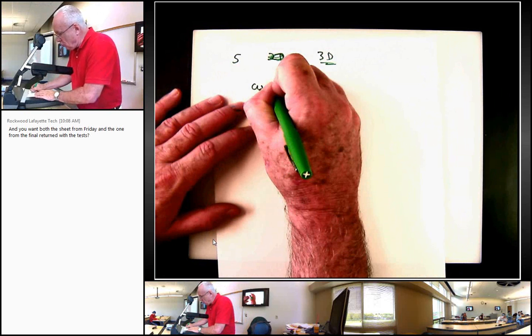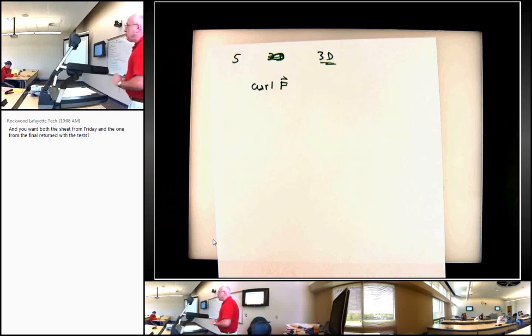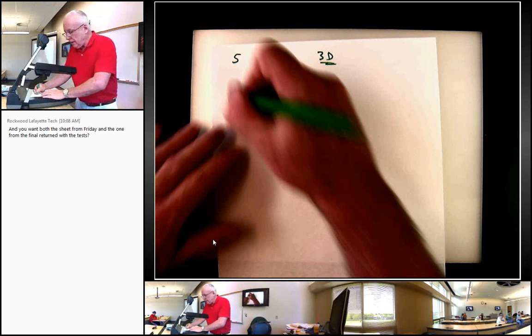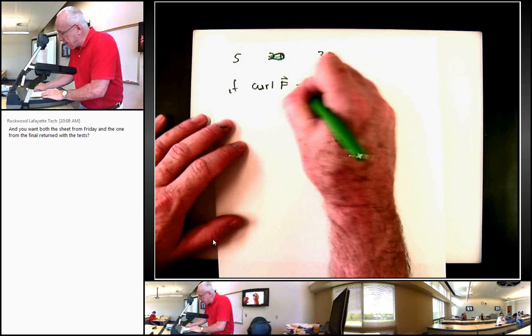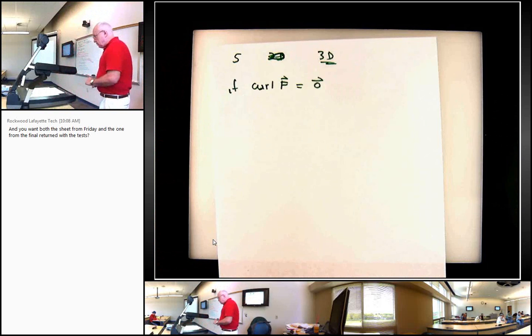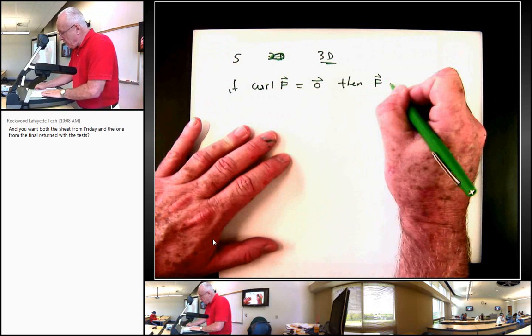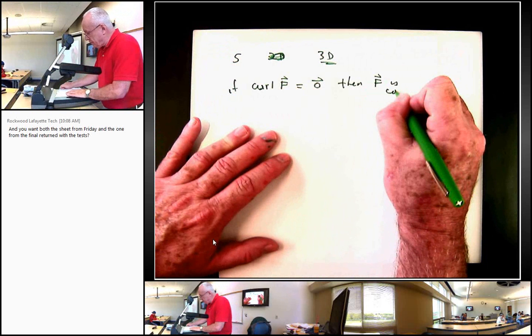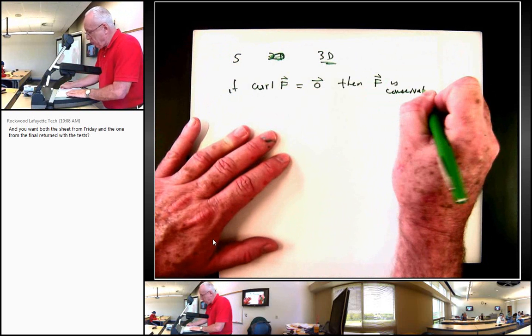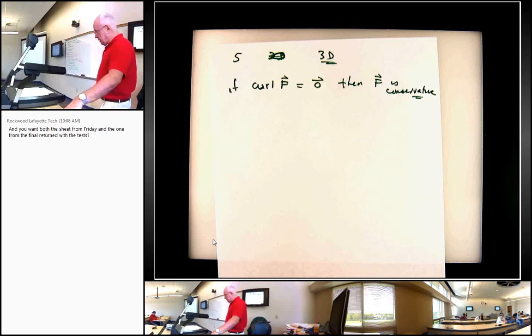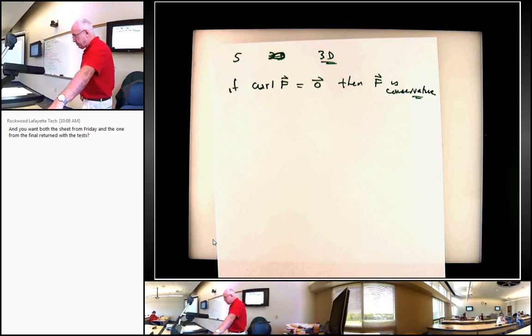Figure out the curl of that vector field that you are given, and if the curl ends up equaling the 0 vector, then F, our field, is conservative. So let's do this with number 6.